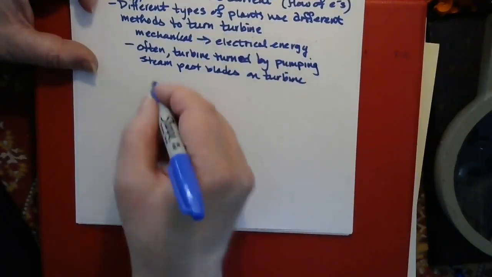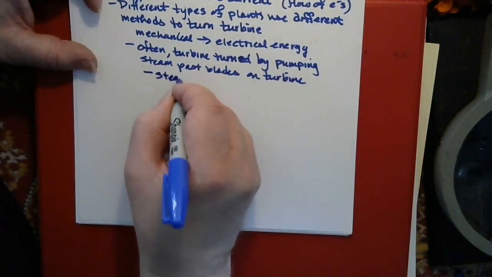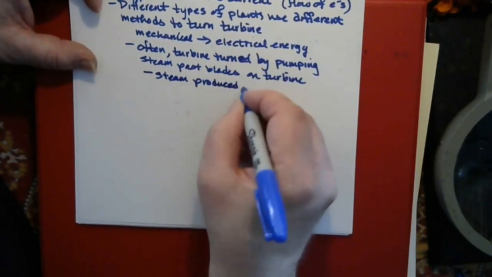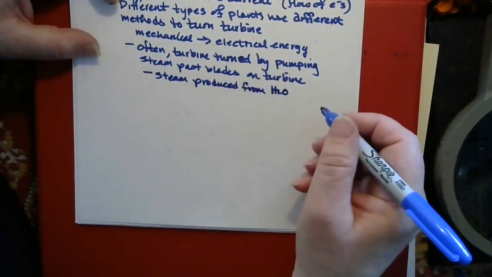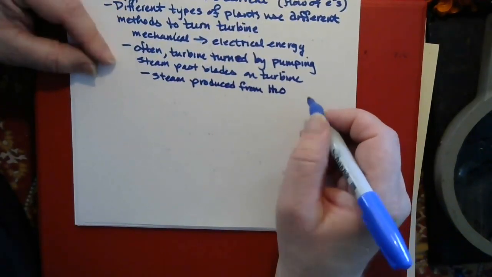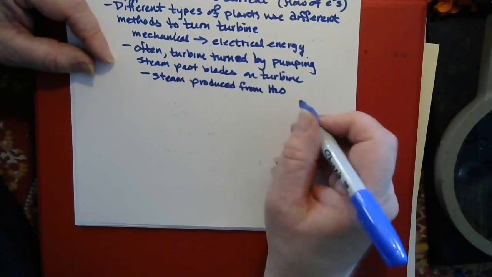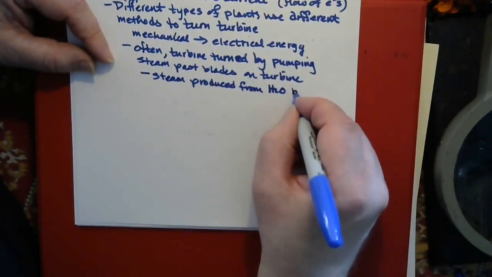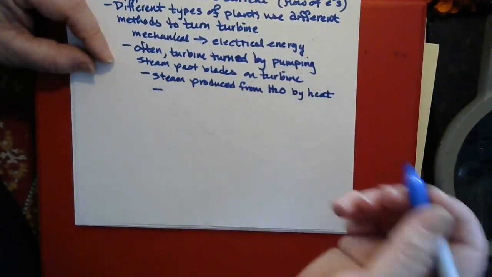And there's a variety of different ways that you can produce this steam. You usually have to have a source of water, so you bring water into the plant from, say, a lake or a river. And steam is produced from water by heat. And then the main difference is, how do you produce the heat?